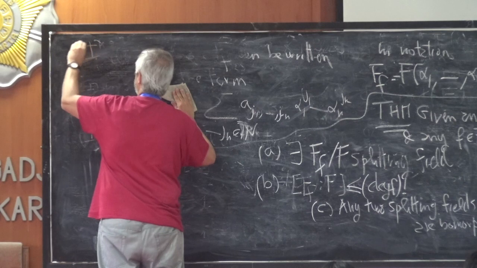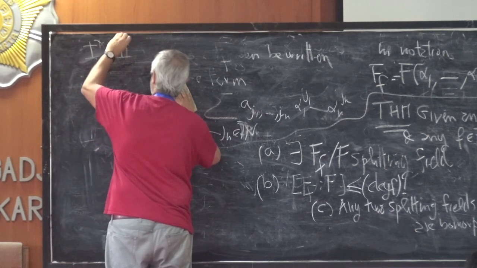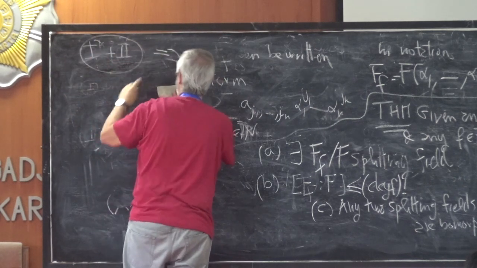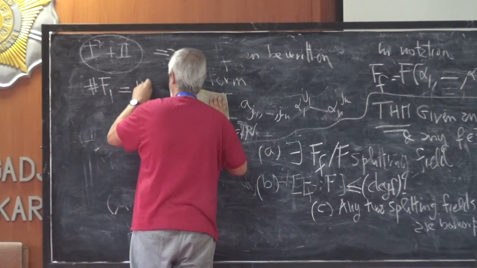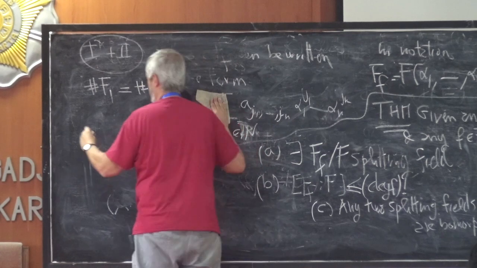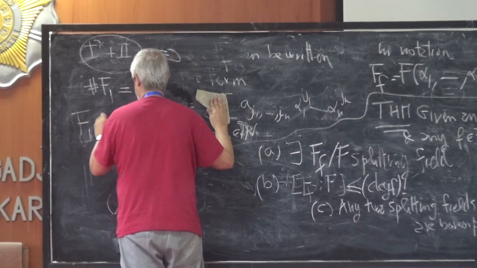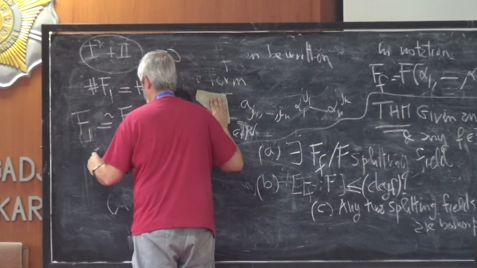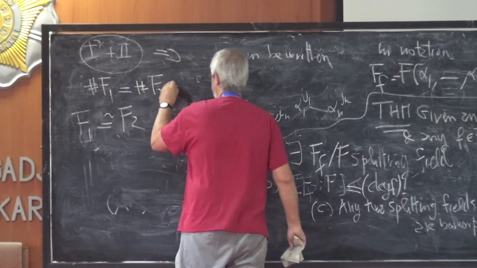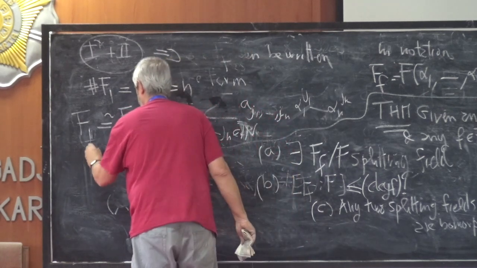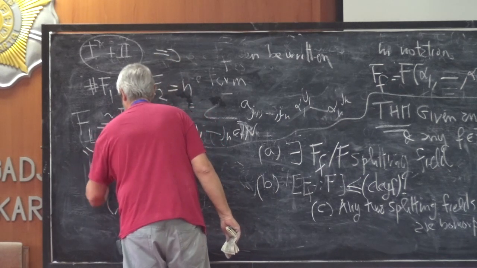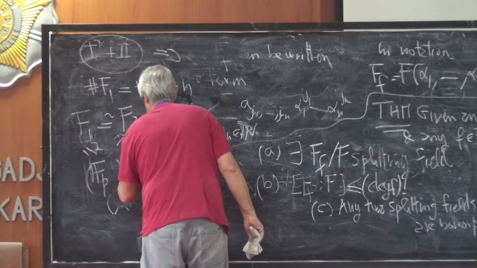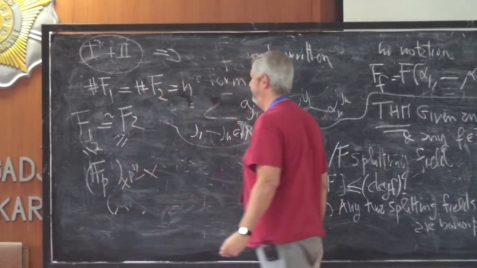So 1 plus 2 imply that if the cardinality of two finite fields is the same, then they are isomorphic. Since if this is n, these are both isomorphic to the splitting field of x to the p^n minus x.